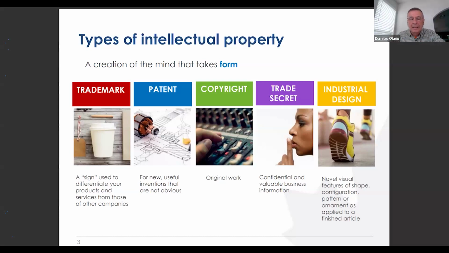These forms of intellectual property are not self-enforcing. It's important to mention here. So once you formalize a form of intellectual property, the intellectual property owner has an obligation, so to speak, to police to see if these intellectual property rights are respected.